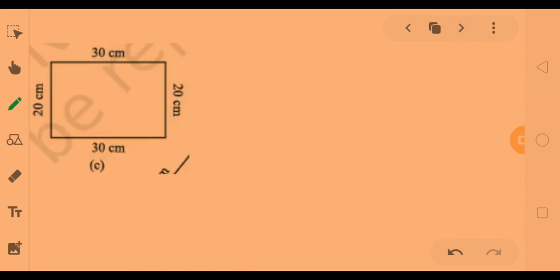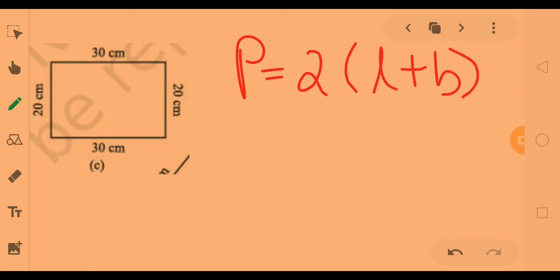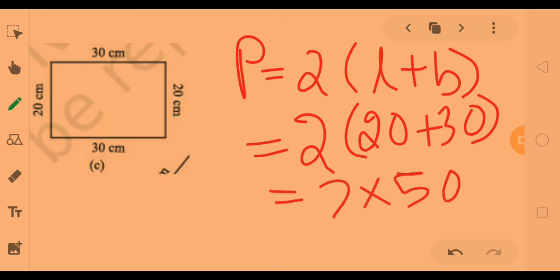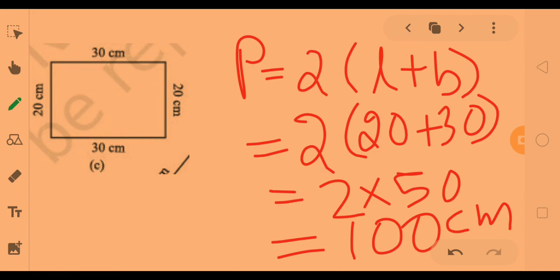Again another rectangle is there. So we find the perimeter. Perimeter is equal to 2 times length plus breadth, which is equal to 2 times 20 plus 30. So numbers in the bracket we add first. So bracket number sum is 50. Outside 2, which is equal to 2 times 50, 100. 100 centimeter is the perimeter of this particular rectangle.